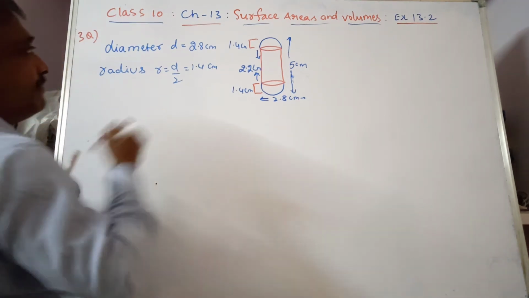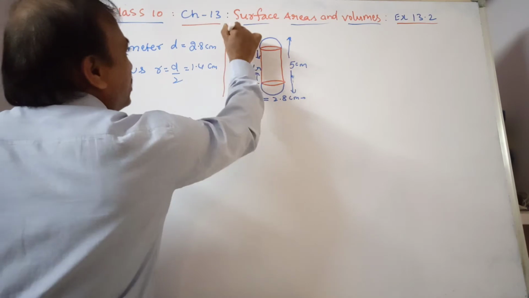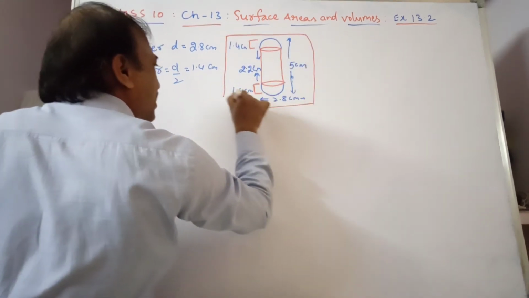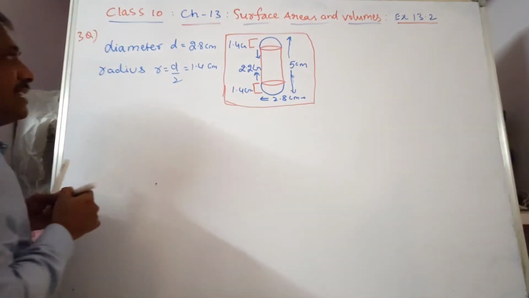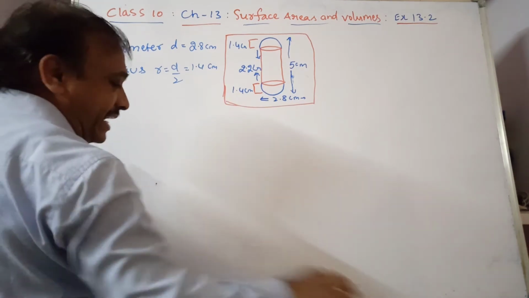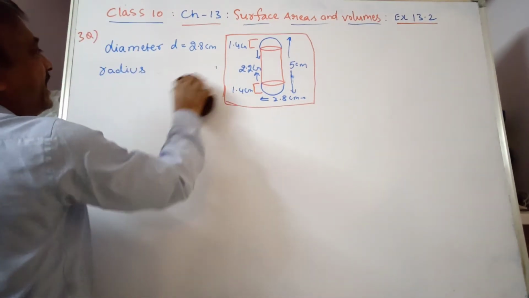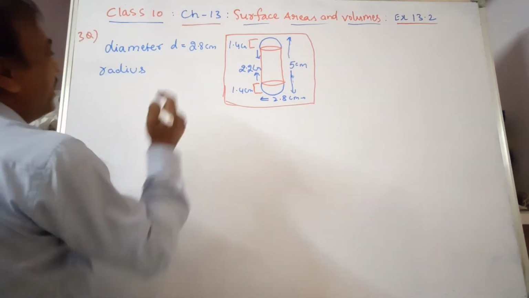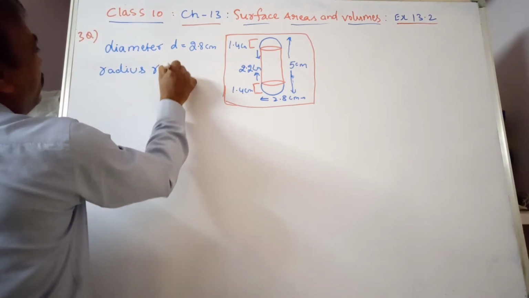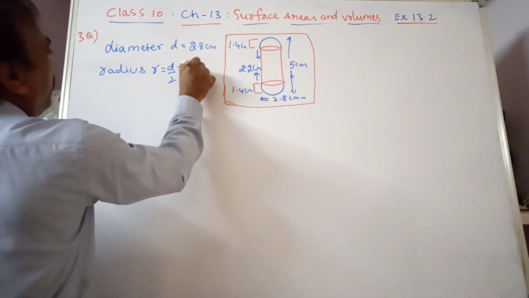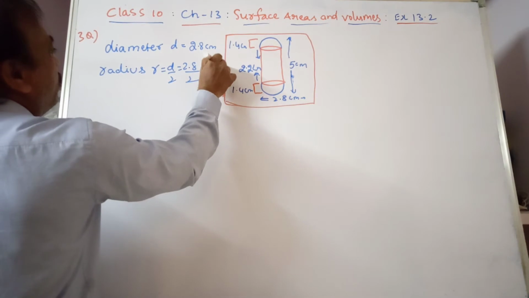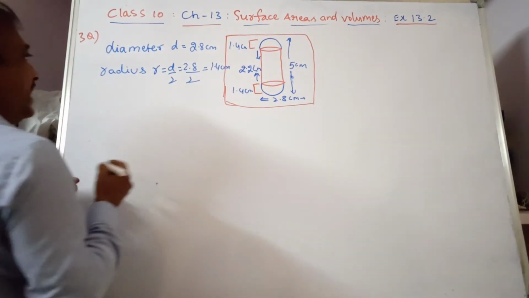This is the diagram based on the given information. So the radius R is equal to D by 2, which is 2.8 by 2, equal to 1.4 centimeters.